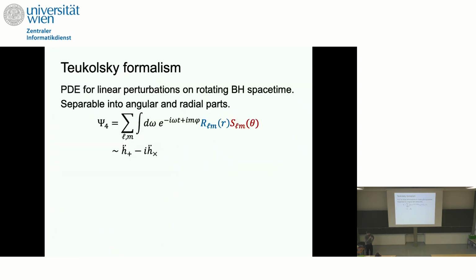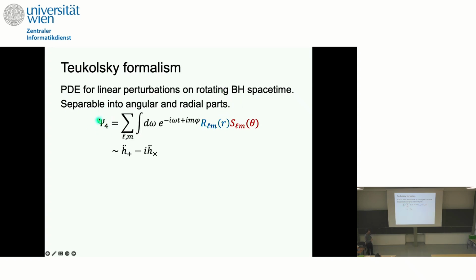Let me briefly give you some insight into the Teukolsky formalism. It is based on the Newman-Penrose or Geroch-Held-Penrose formalism, to isolate the gravitational wave perturbation and identify a master variable governing the evolution of all the metric perturbations. In the end, you obtain this PDE for linear perturbations on rotating black hole spacetime, and this master variable is called psi4.